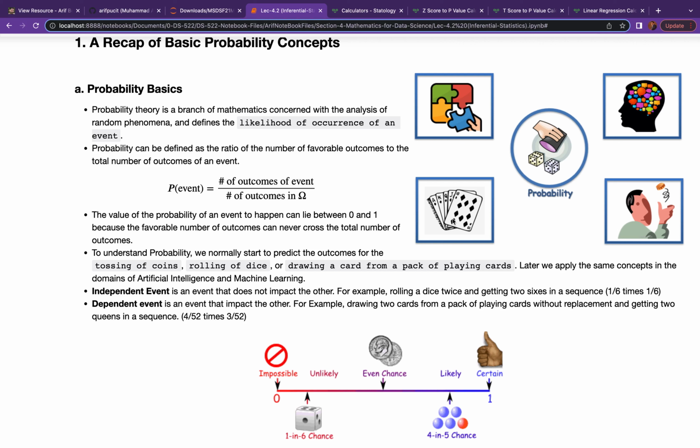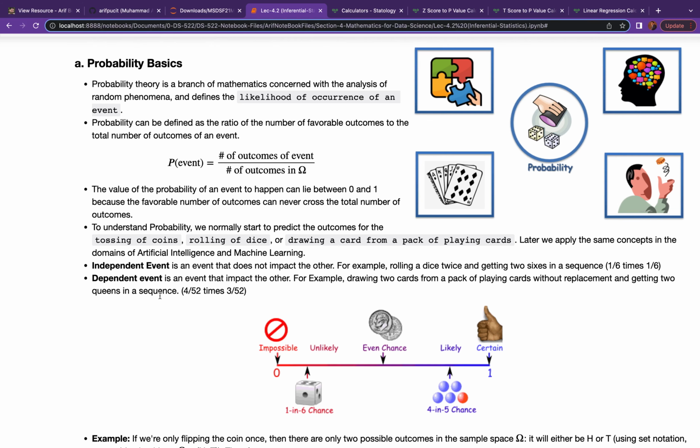Before showing you some examples, remember there are two types of events. Independent events like rolling a dice twice, an event that does not impact the other. Dependent events, an event that impacts the other, for example, drawing two cards from a pack of playing cards without replacement.